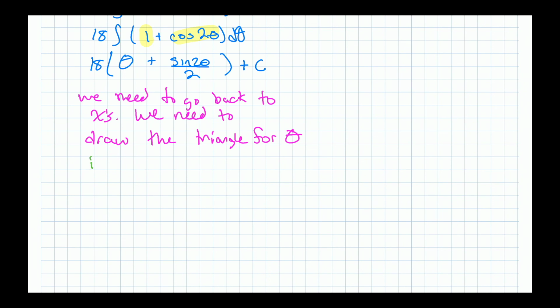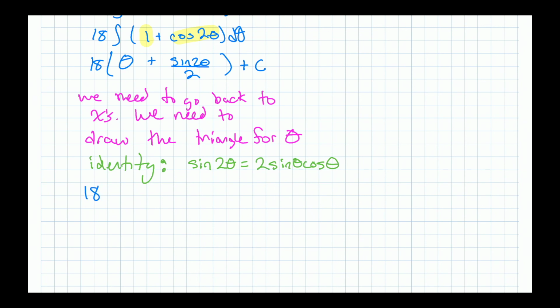So before we do, we need another identity to take care of the 2 theta, which is simply sine 2 theta is 2 sine theta cosine theta. All right, let us rewrite our integral now.